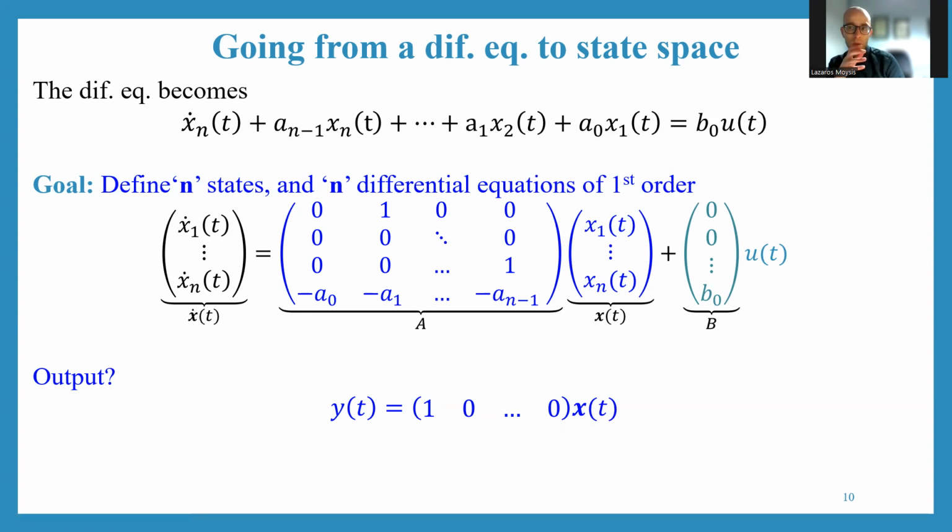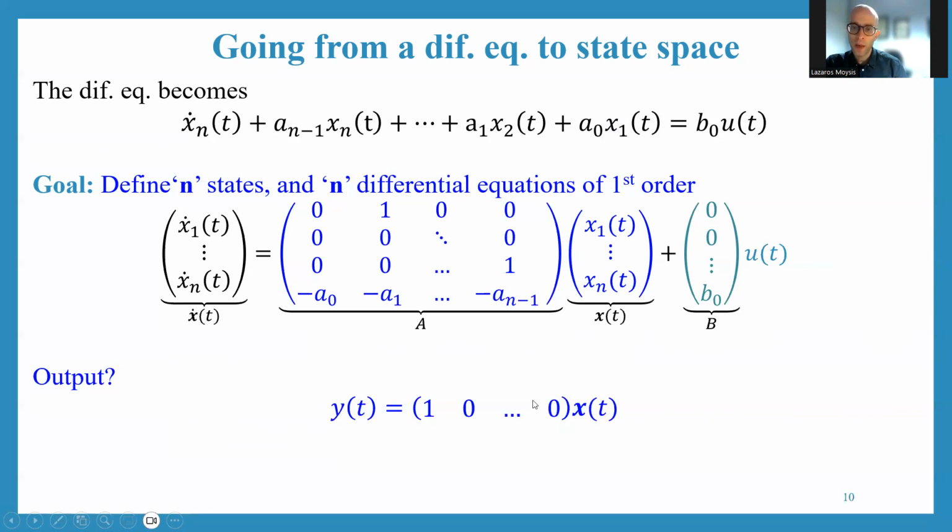And now I only have to decide what is going to be my output. And for the output, things are simple. Since this is the state, let's assume that what I want to measure in the output is actually the first state, because remember, the first state is the variable that I'm studying, the x variable, right?